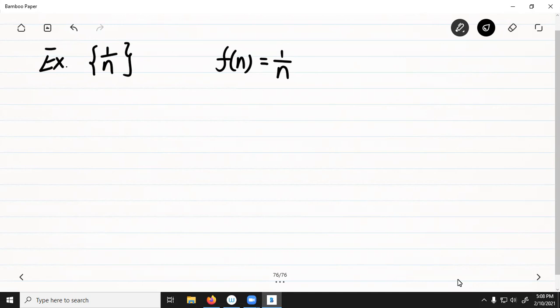If you write the sequence out, it would be 1, 1 over 2, 1/3, 1/4, and so on. This is an infinite sequence.